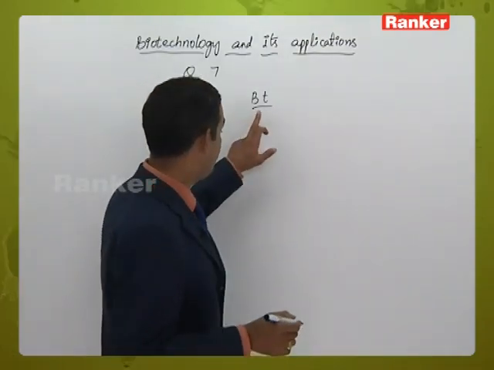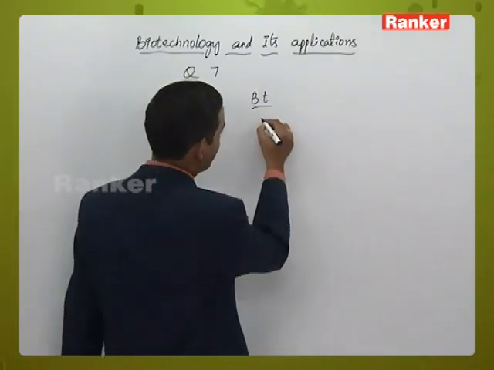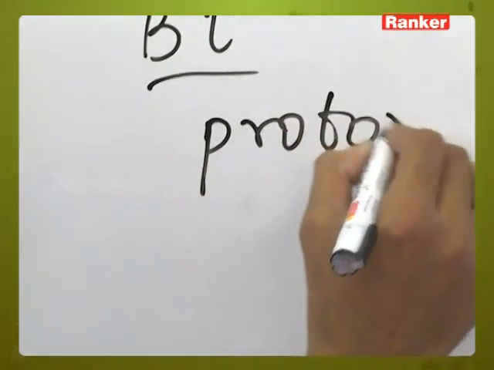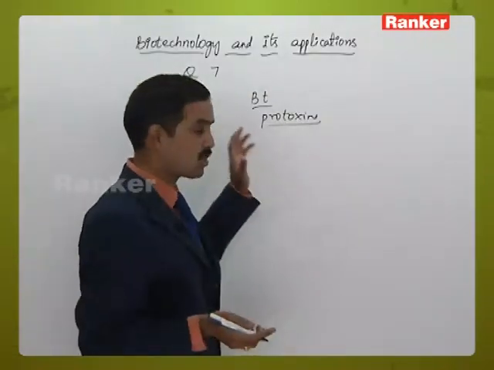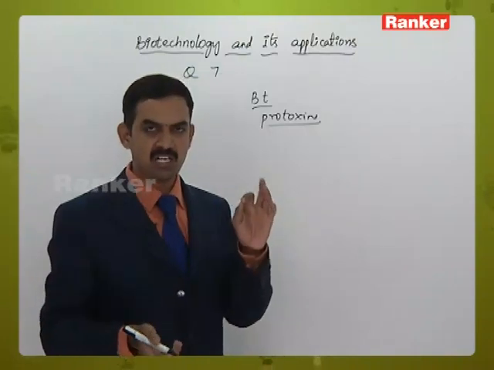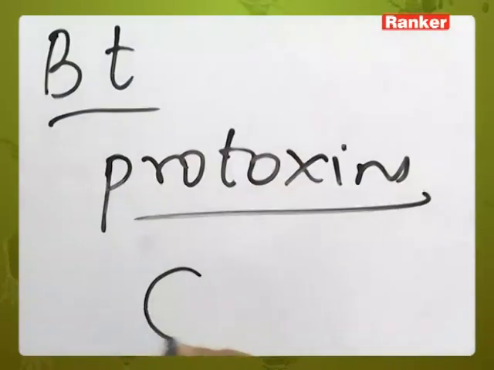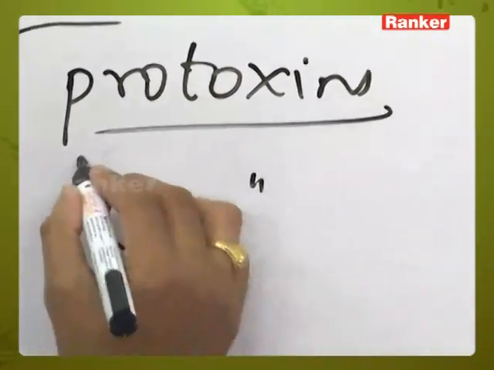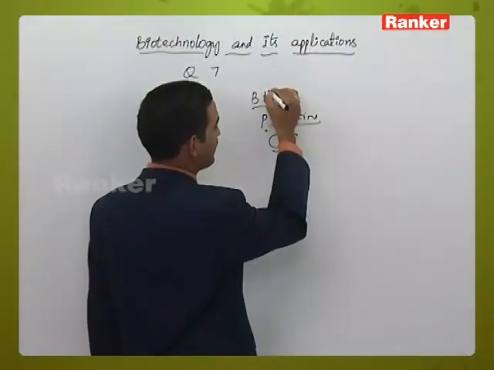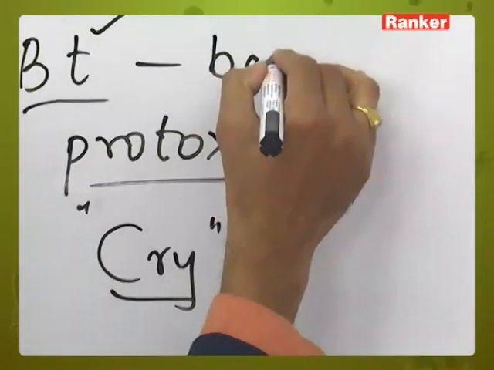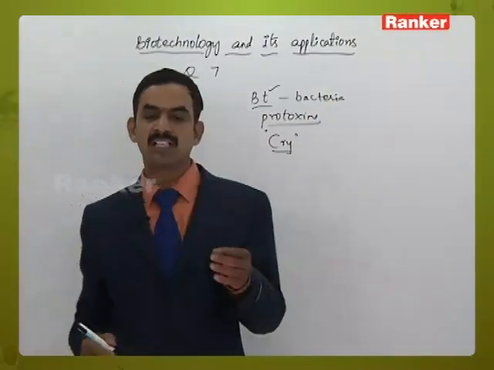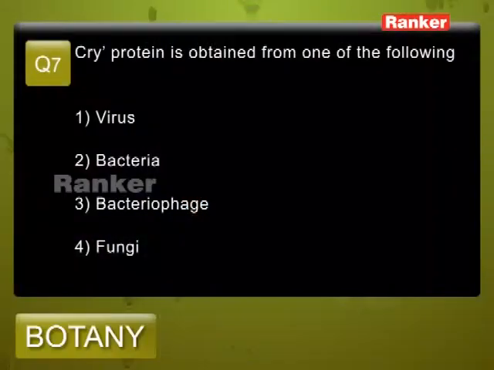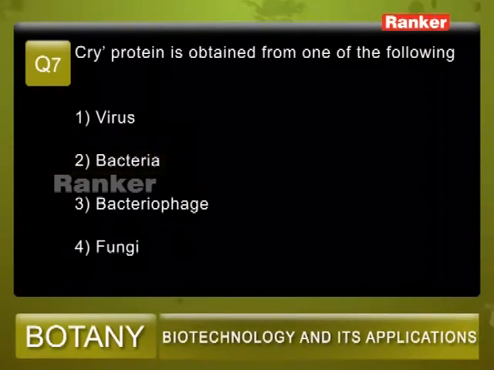And this one has inactive proteins called protoxins, and these are in the crystal form, and these are specified by genes called cry genes. And as we said that Bacillus thuringiensis is a bacteria, so cry proteins are obtained from bacteria. Question number 7, the correct answer is 2.